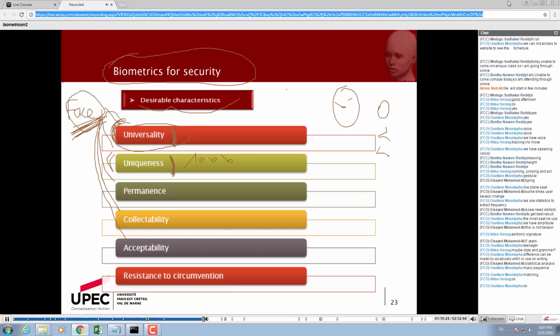If someone else wants to access the classroom, we will get the weight and the height. Maybe the weight will be the same, but there will be a difference in the height. But if you use only one parameter, there will be some confusions for sure.